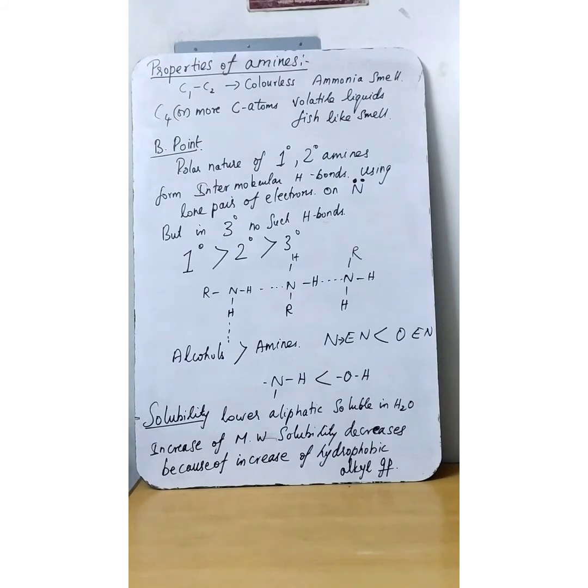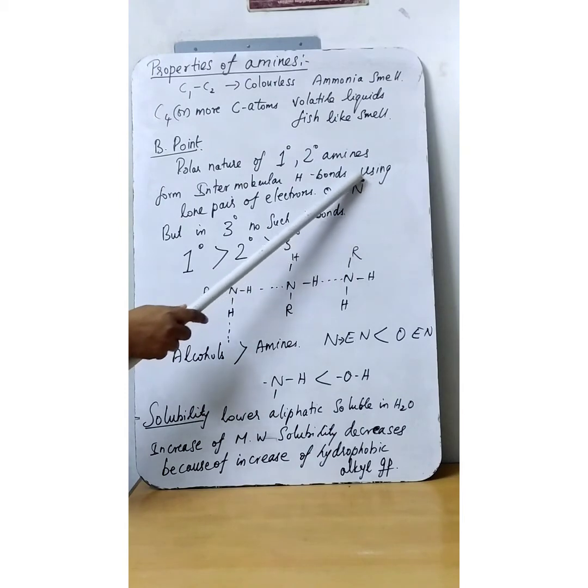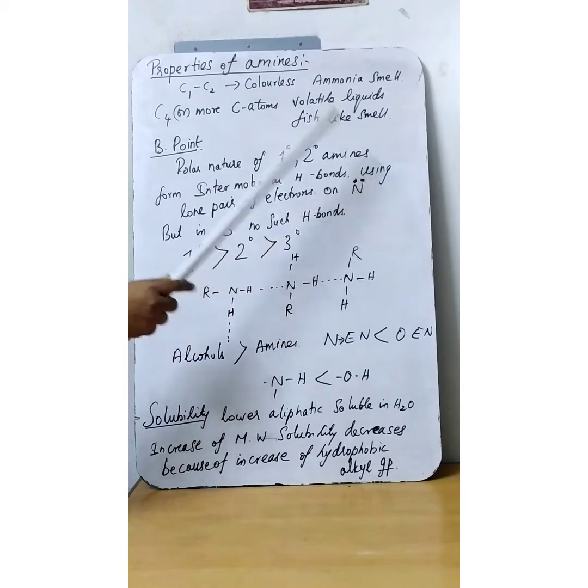Boiling point of amines, what is that? Because of the polar nature of primary and secondary amines, they can form intermolecular hydrogen bonds by using the lone pair of electrons present on nitrogen.